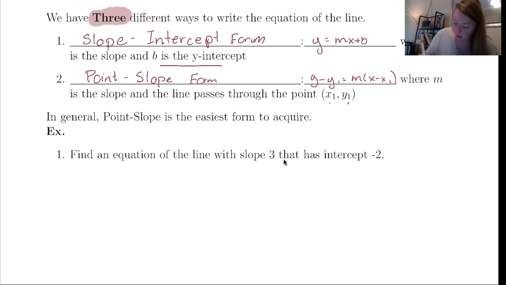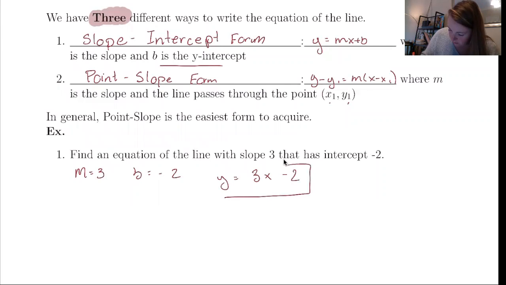Makes sense, right? So slope is 3, intercept is -2, so y would equal 3x minus 2. All right? You don't need to do plus -2, just keeping the minus is more than okay, right?